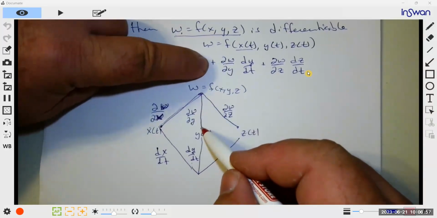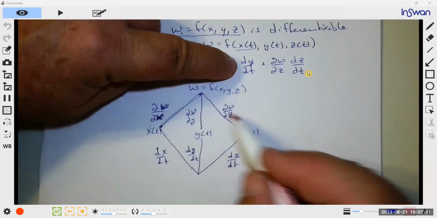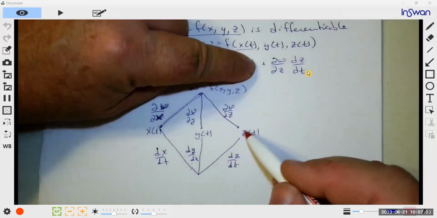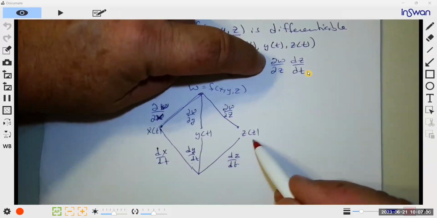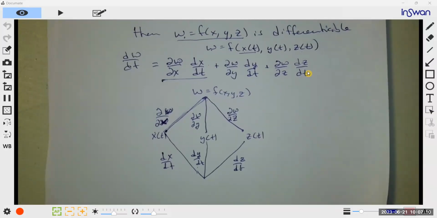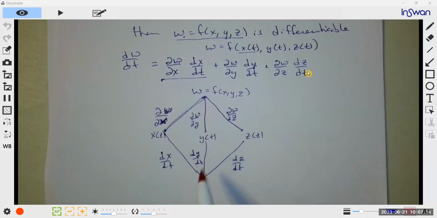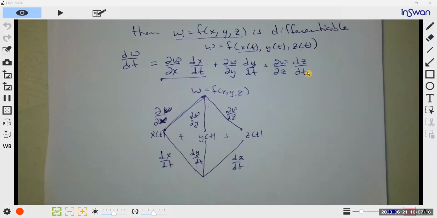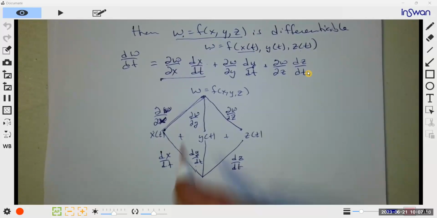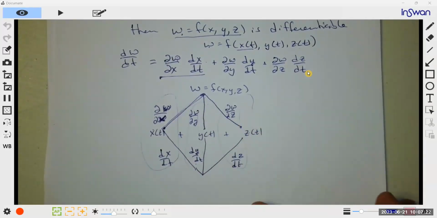W with respect to y times y with respect to t. Then we have to add the last path. Partial with z and derivative of z with t. So we separate each possible path, and then we add them all together at the end. So this is our first one, that's our second one, and this is our third one.